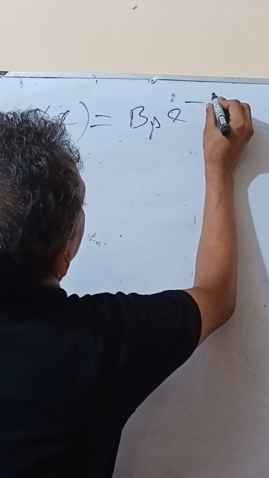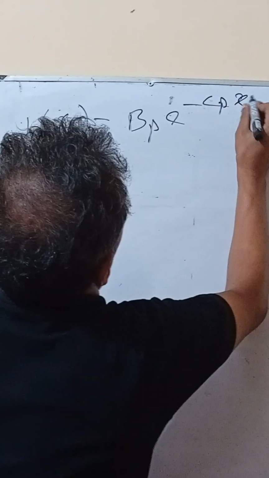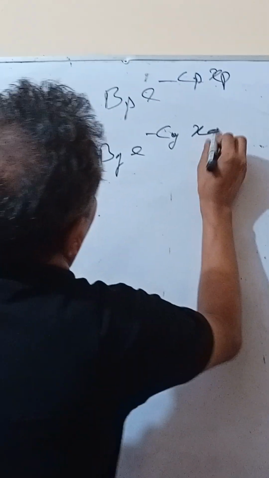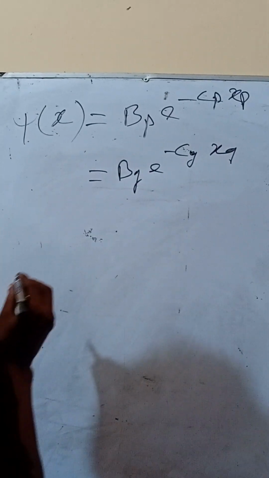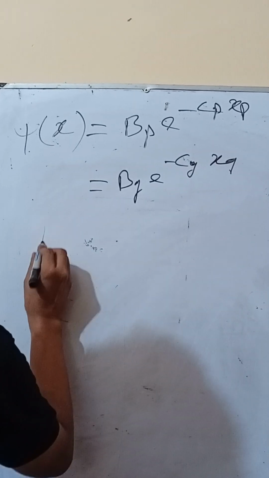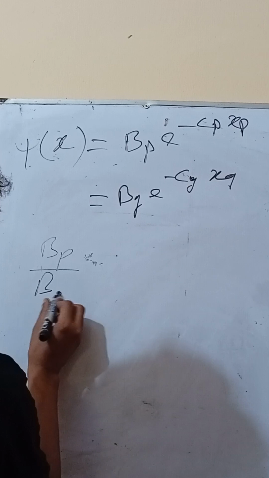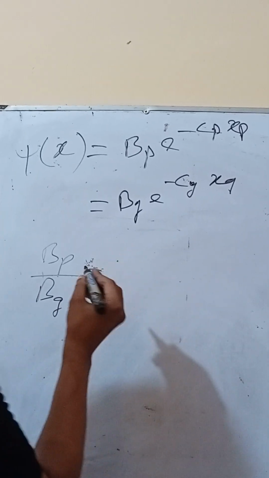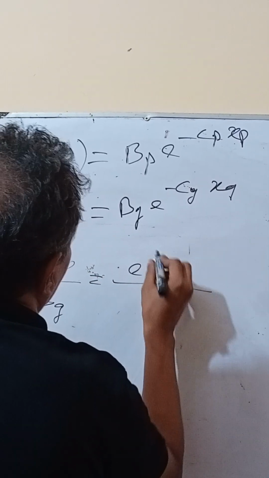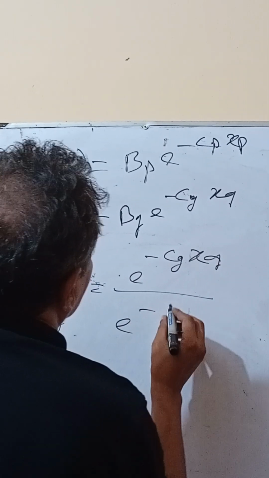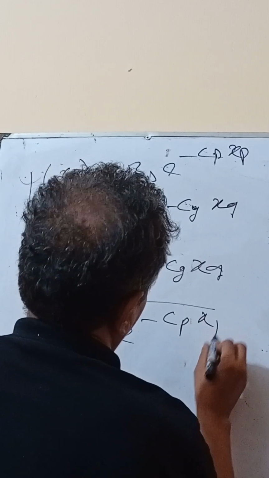Minus Cp xp is equal to Bg, equal minus Cz xz. Now we can write Bp equal to Bg by Bg is equal to minus Cz xz equal minus Cp xp.